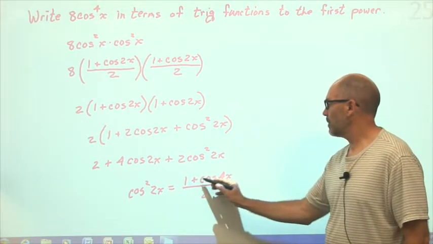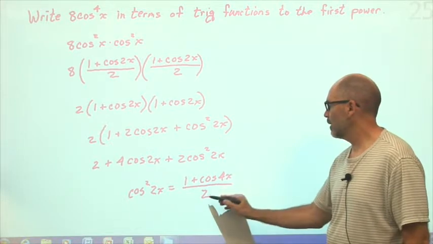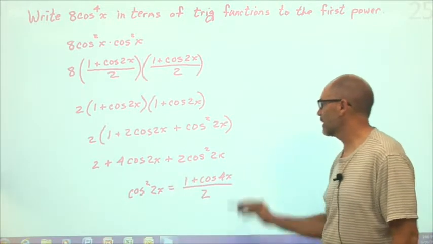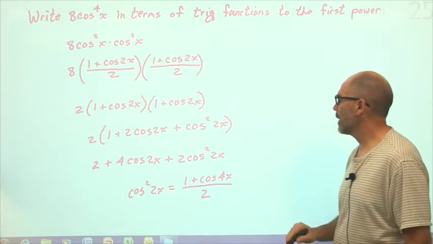See, it's 1 plus cosine 2 theta over 2. Well, theta is 2x, so 2 of the 2x is 4x.